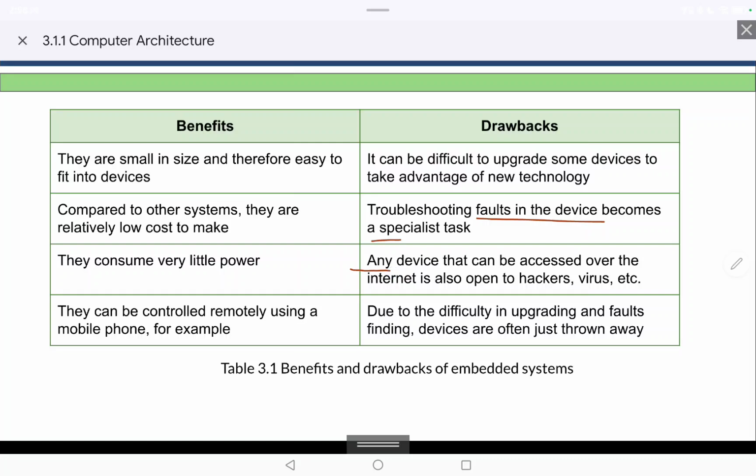Also, any device that can be accessed over the internet is open to hackers, viruses, and other security risks. Lastly, due to the difficulty in upgrading and fault finding, devices are often just thrown away. For devices that cannot be upgraded, these devices need to be thrown away. So these are the benefits and drawbacks of embedded systems.